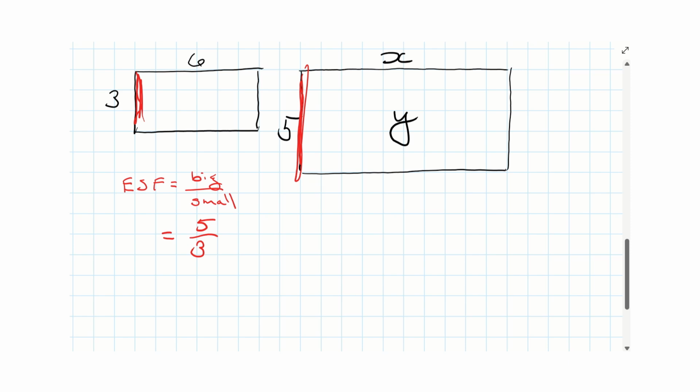I know that when I multiply this number here by 5 over 3, if I get 3 times 5 over 3, my result is going to be this number here. The same thing will work if I use this number here.